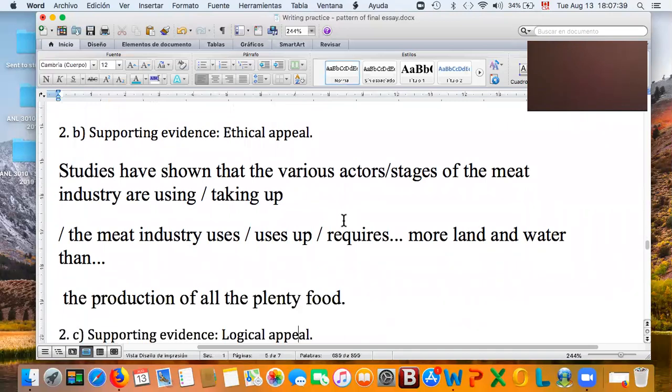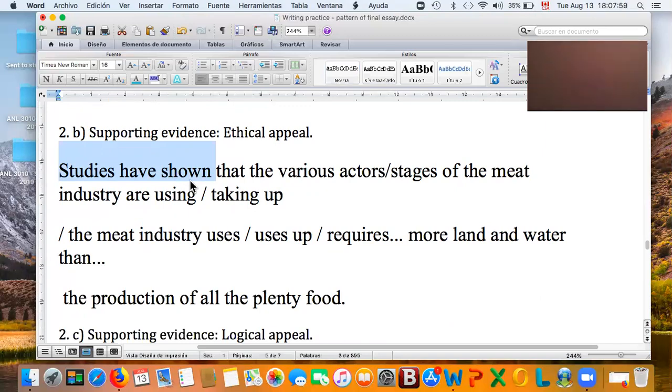Let's keep looking at the rest of this student's text. 2B is supporting evidence of the ethos type, ethical appeal. All right, so here's how she starts. Studies have shown, good, ethical appeal. You're referring to something that will give your own position more credibility.